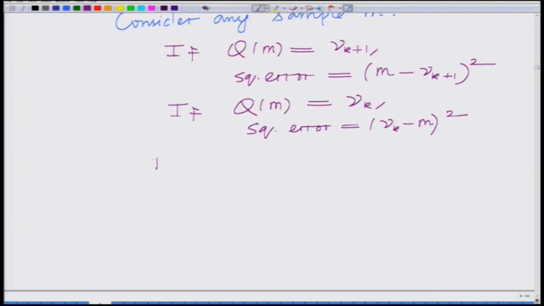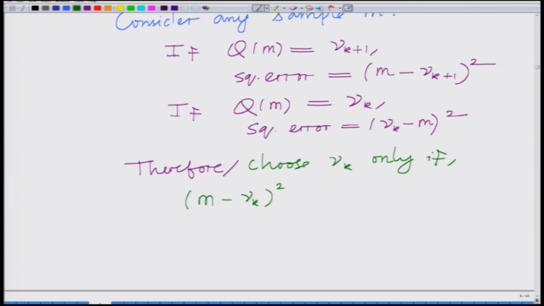Therefore, we choose nu k only if m minus nu k whole square is less than or equal to m minus nu k plus 1 whole square.